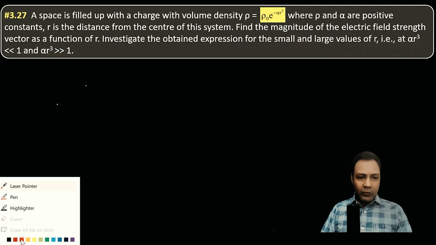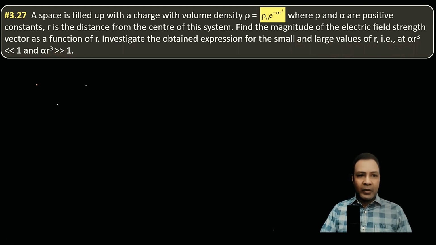So given in the question is the volume charge density in space. This charge is spread in the volume all over the space, not uniformly, with some variation.